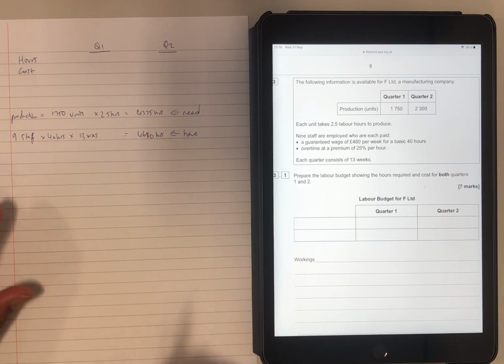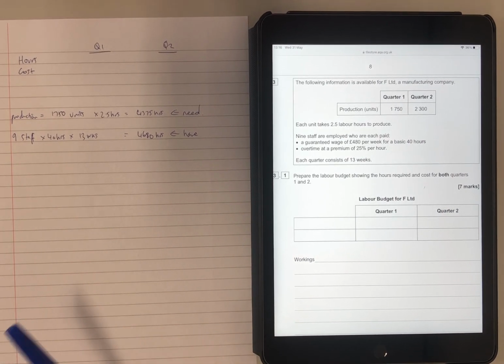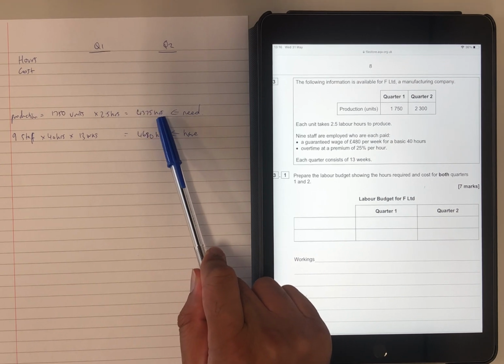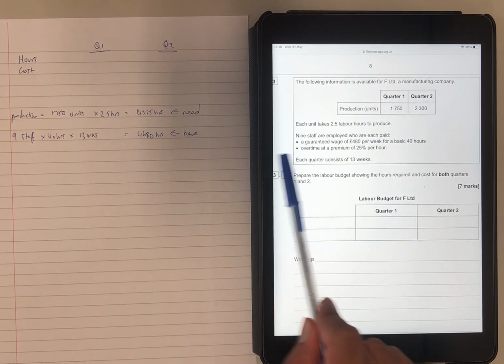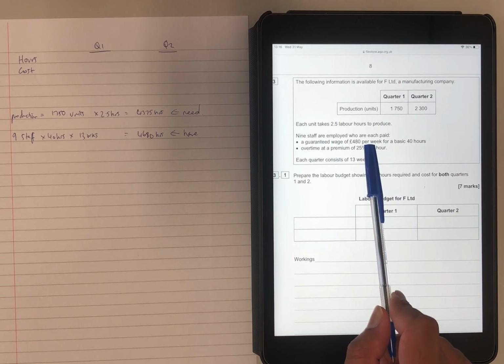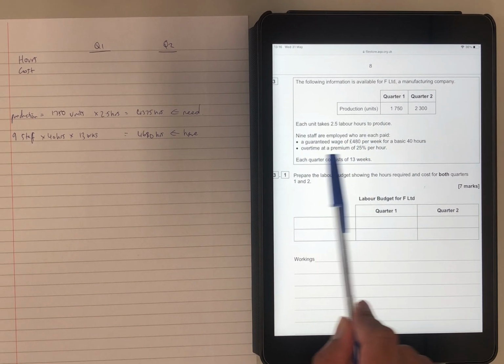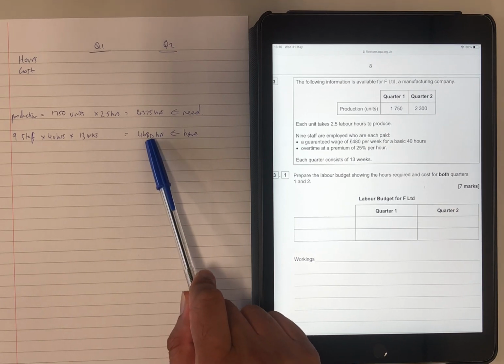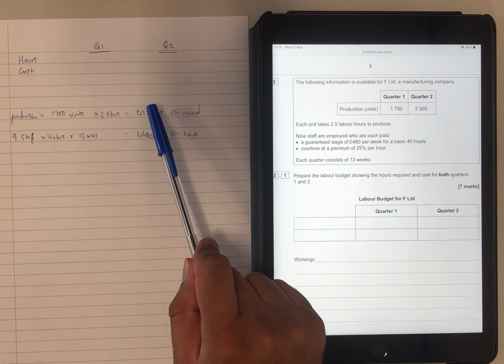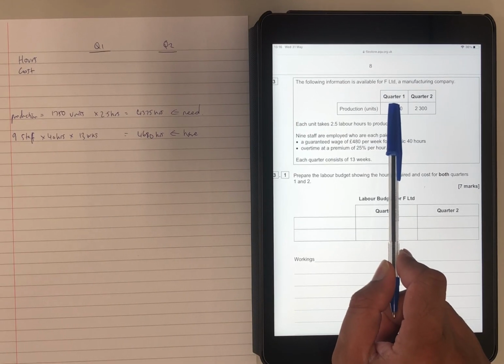I'm going to pause there for a second. So what does this mean? To fulfill quarter 1, we need 4375, but we have 9 staff, guaranteed to get paid, and according to the manpower that we have, 4680 hours. So we have enough hours to fulfill the job.